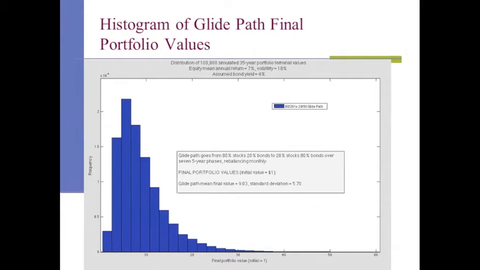And I want to show you the distribution of that glide path. But before I do, I want to take 10 seconds for you to imagine what you think it will look like. How different from this histogram do you think the histogram of 100,000 simulations of the converse glide path or reverse glide path would look?